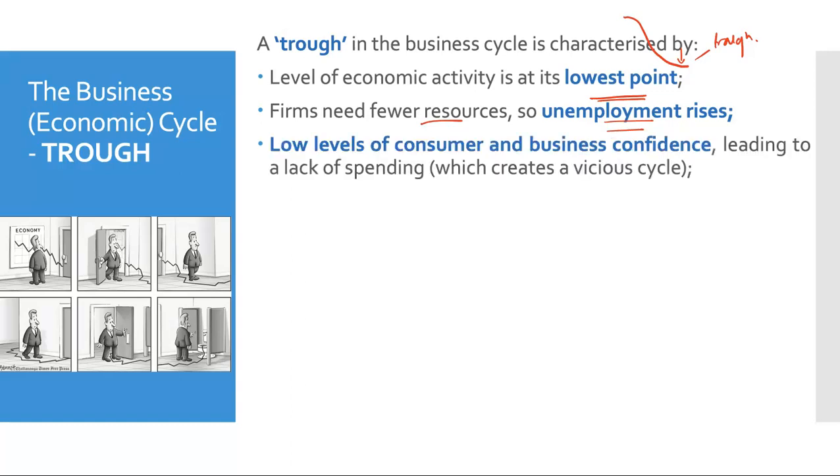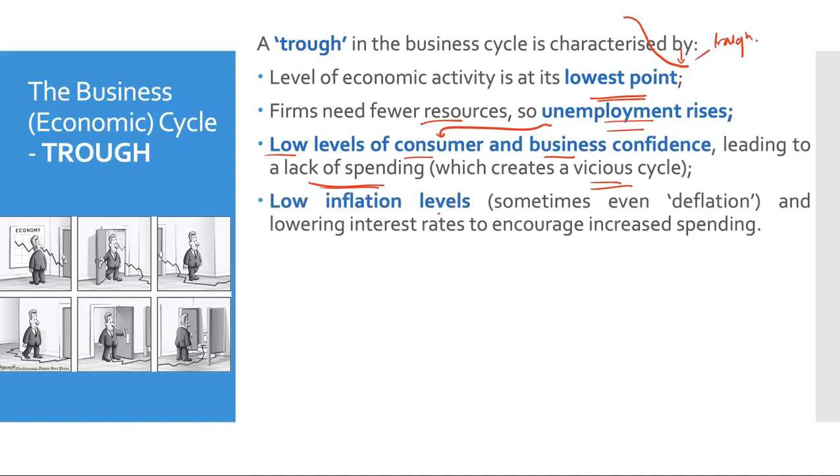There is a really low level of consumer and business confidence. Unemployment rises, which leads to consumer confidence going down. You're not having confidence if you're worried about your job. Businesses are not feeling confident because consumers don't have the income to buy their goods and services. This leads to a lack of spending by both, and this creates a bit of a vicious cycle.